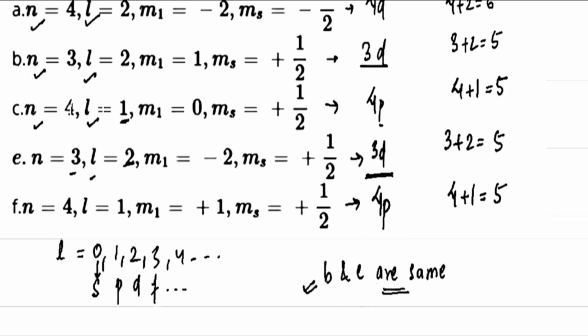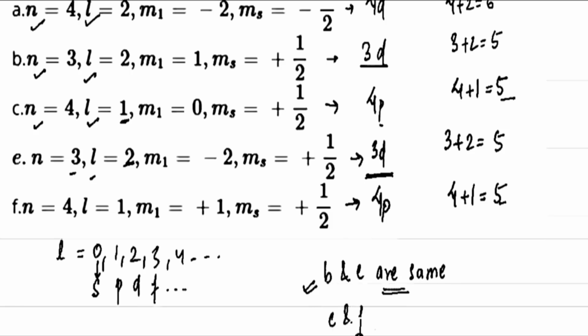Similarly, I have 4p at C, and at F again I have 4p. So these two are again at similar energy levels. Why? Because the n plus l values are again the same, so everything is the same.